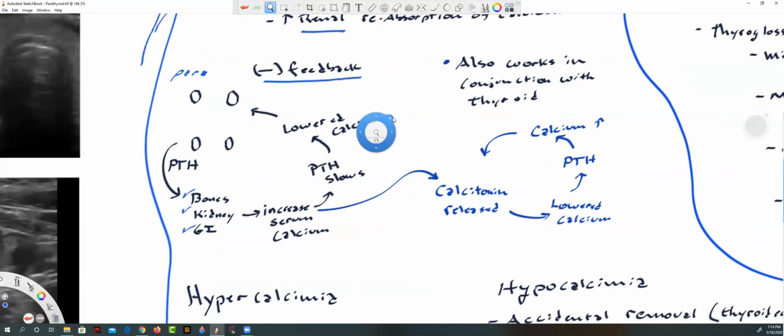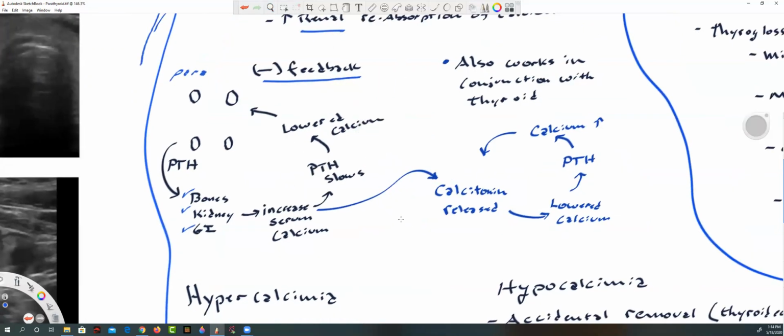There is this kind of its own circle here, but it works in conjunction with the thyroid. Remember, the thyroid had calcitonin. Calcitonin reduces it. It draws more calcium back into the bones, or allows the kidneys to expel some calcium rather than take it all back in.